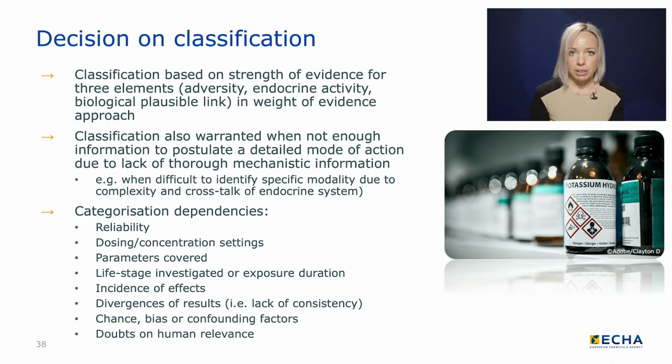Regarding the border between category 1 and 2, there is no detailed guidance on that, since there were some divergent opinions during the guidance development, and more experience needs to be gained from example RAC assessments to be able to provide more detailed guidance on the borders between Cat 1, Cat 2, and also no classification. However, the categorization depends on several factors that are listed here on this slide. For instance, reliability of the information, divergences of the results, if there are doubts on human relevance, and so on.